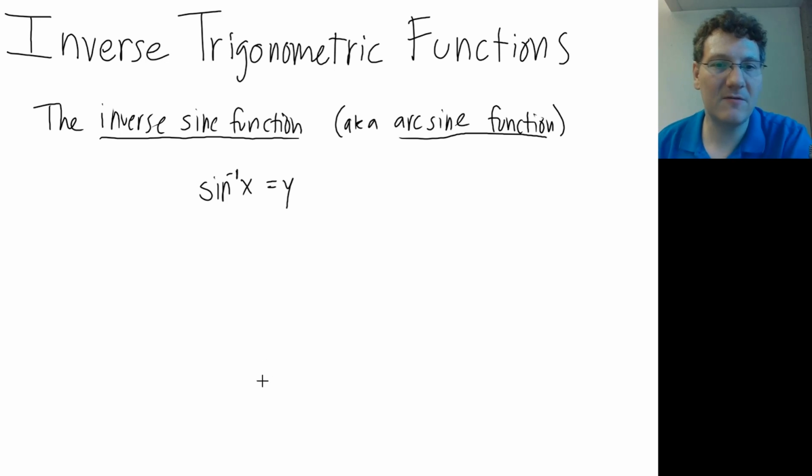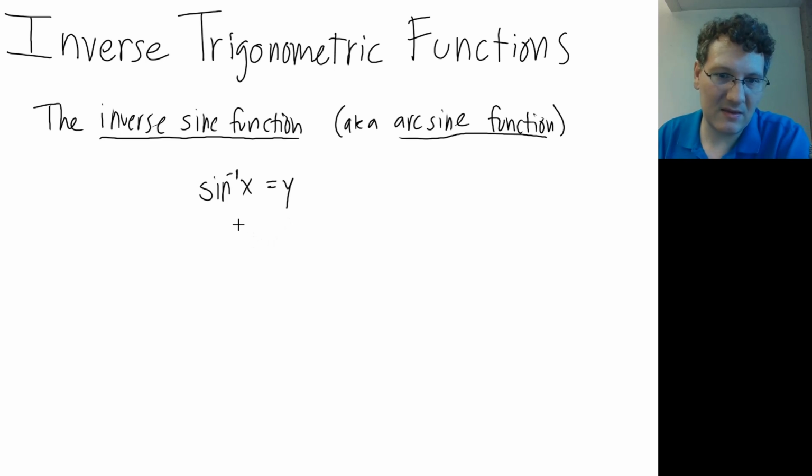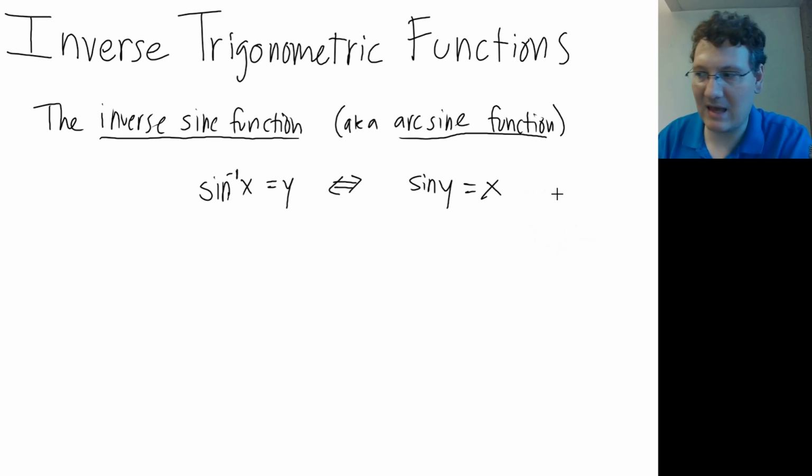So first, the inverse sine function, sometimes called the arcsine function. It's written like this: sine with a -1 exponent, but it's not an exponent. That means inverse sine. The sine inverse of x equals y is equivalent to the sine of y equals x, but this is only for values of y between pi over 2 and -pi over 2.